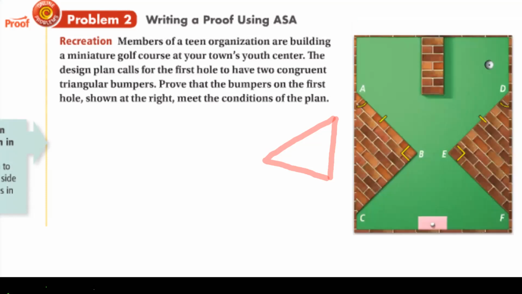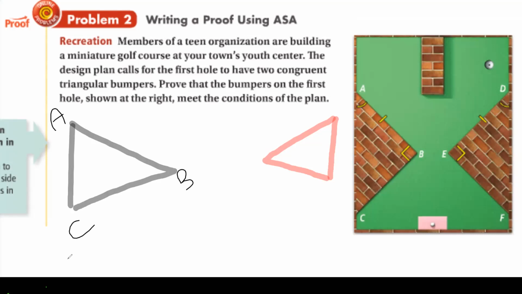Before that, let's draw them here. As you see, we have this triangle and this triangle. Let's name it now. The first one is A, B, C. Look here, A, B, C.